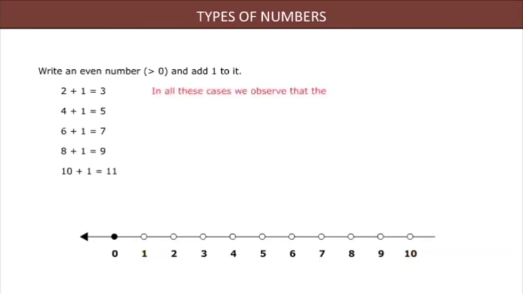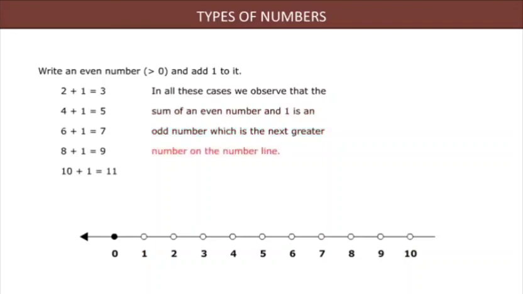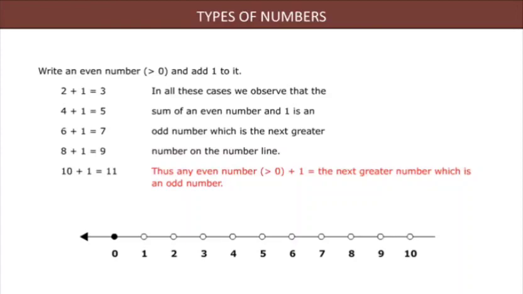In all these cases, we observe that the sum of an even number and 1 is an odd number, which is the next greater number on the number line. Thus, any even number greater than 0 plus 1 is equal to the next greater number, which is an odd number.